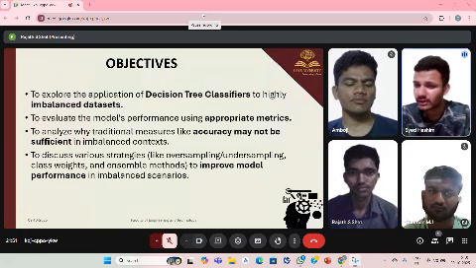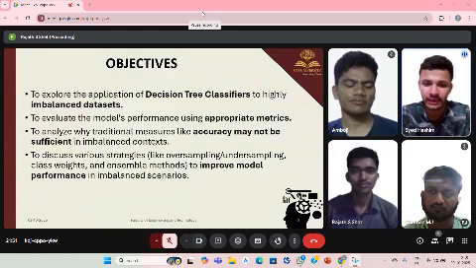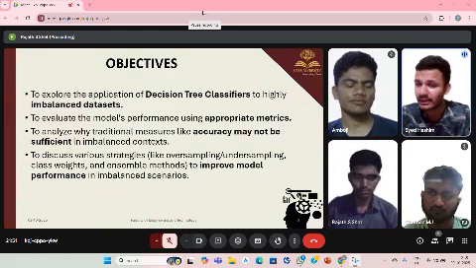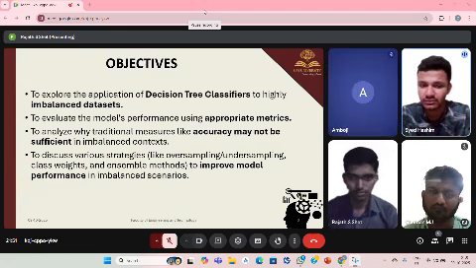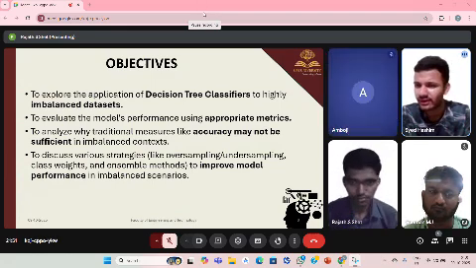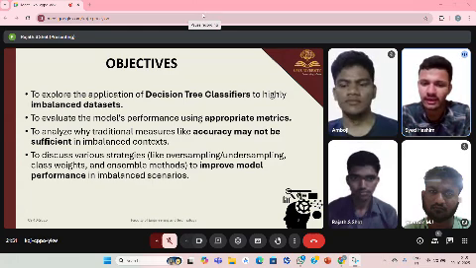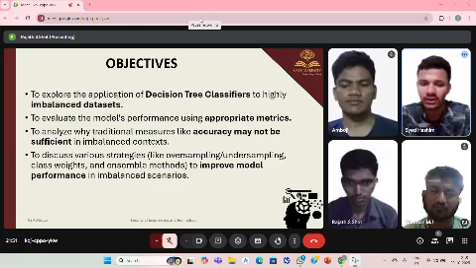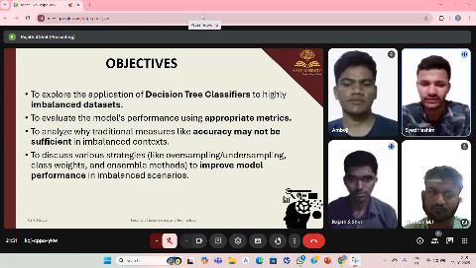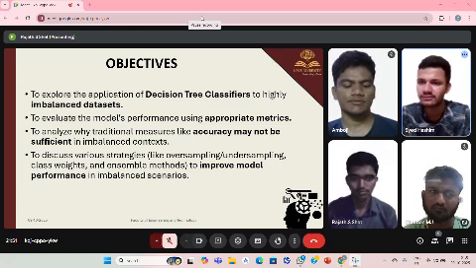Also, we focus on techniques used to handle imbalance, such as oversampling, undersampling, adjusting class weights, or using ensemble methods to make the model more efficient and fair. Next will be continued by Rajat.